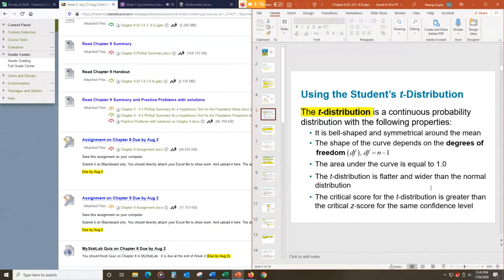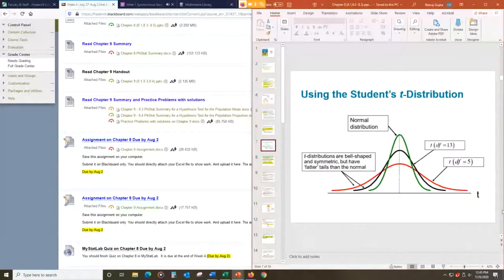The area under the curve is 1, and it is wider than the normal distribution, which you can see here. The green one is the normal distribution, and red and black are t distributions. The degrees of freedom for the red one is 5, which means the sample size is 6. For the black one it is 13, so the sample size is 14. As we keep increasing the sample size, it gets closer and closer to our normal distribution. That's why sample size is very, very important.